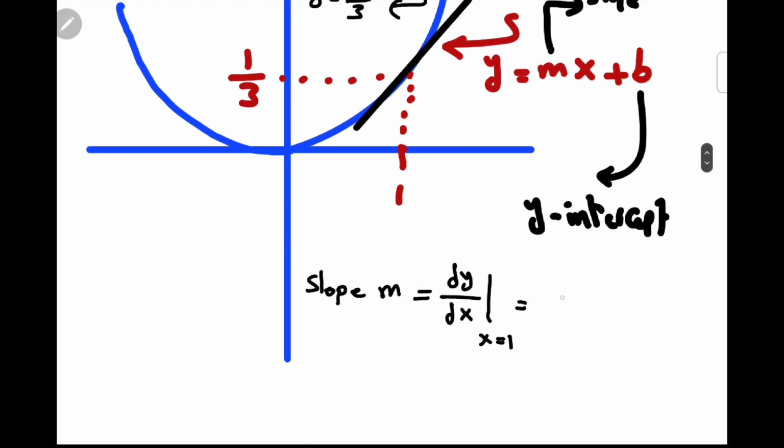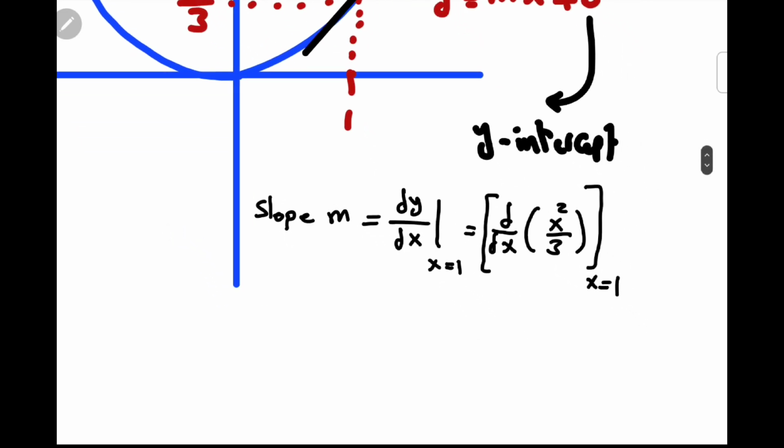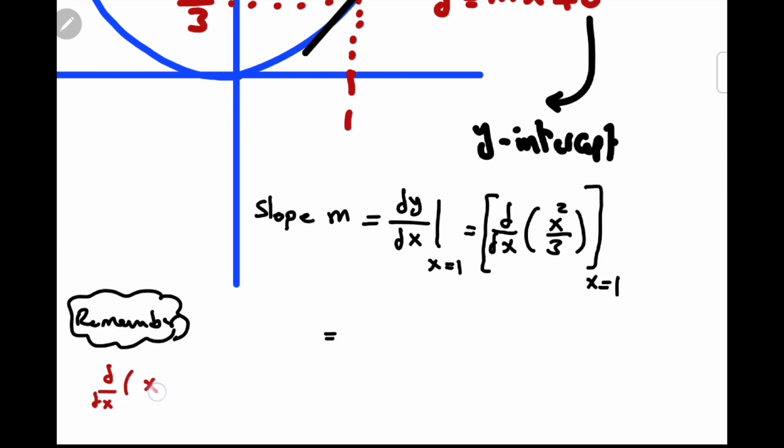So we're taking the derivative d by dx of the function x squared divided by 3 evaluated at x equal to 1. If you perform the derivative using the derivative rule, remember that the derivative d by dx of x to the power of m is equal to m times x to the power of m minus 1.